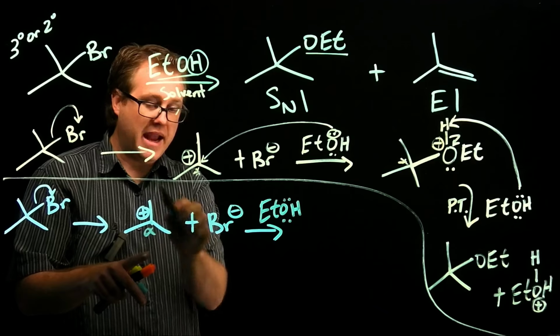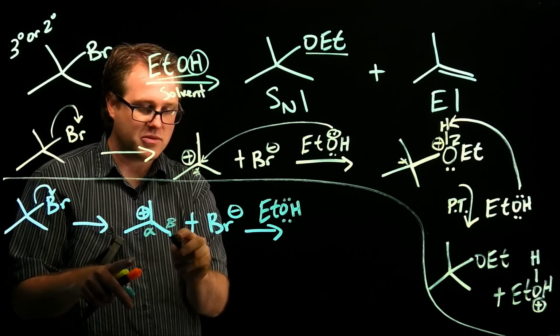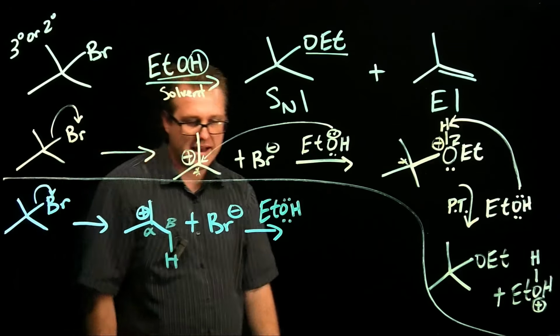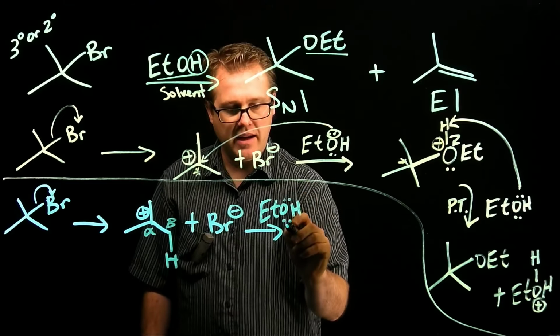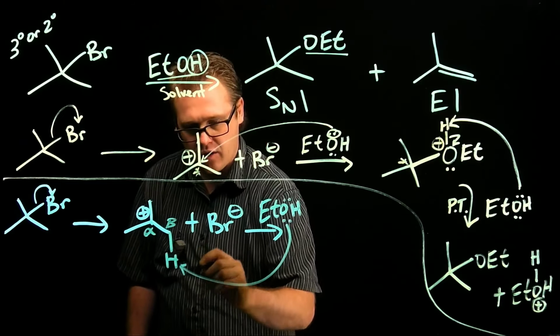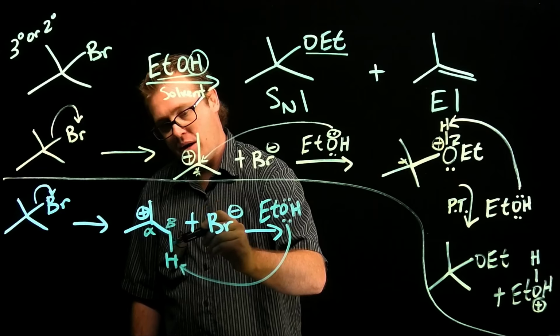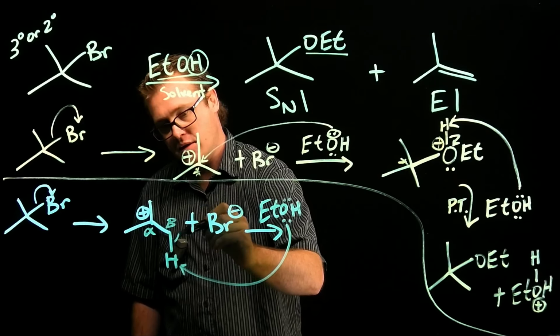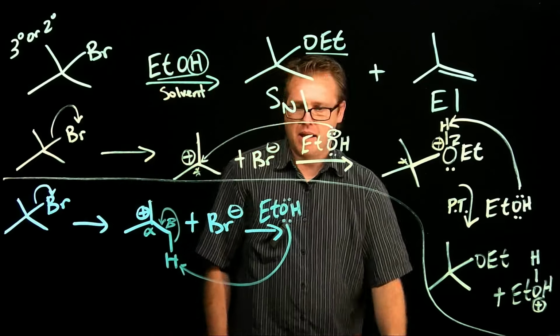And the beta carbons, there's 3 beta carbons here, have what? A hydrogen atom. And so ethanol can come in now and act as a weak base and grab that proton, break the carbon-hydrogen bond, bringing those electrons there.